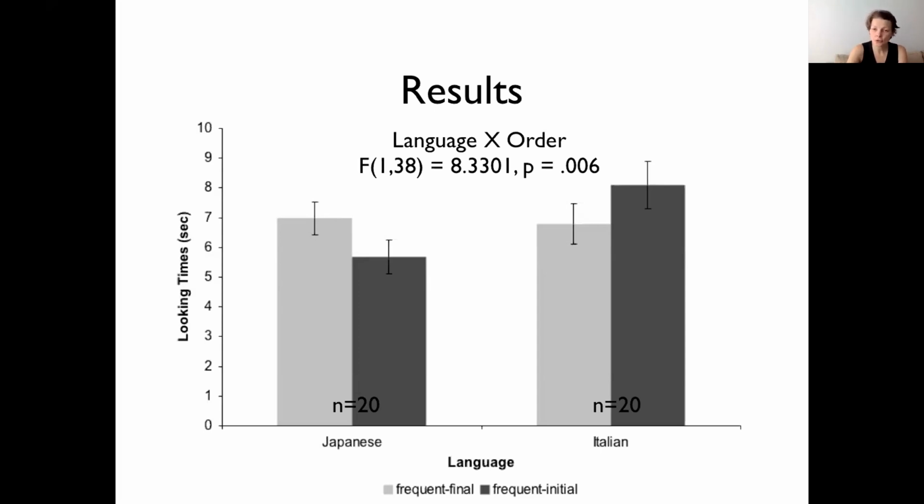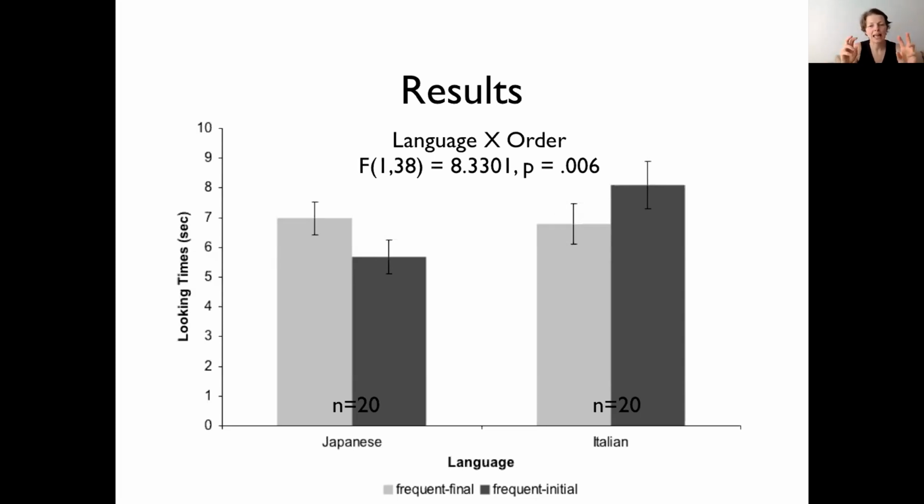And this is true even though they are tested on exactly the same material and there's nothing in the material that would make them go one way or another, right? It is the knowledge that they bring to the task that makes them have opposite preferences for exactly the same material. So this is the first indication that they can rely on frequency to identify functors.